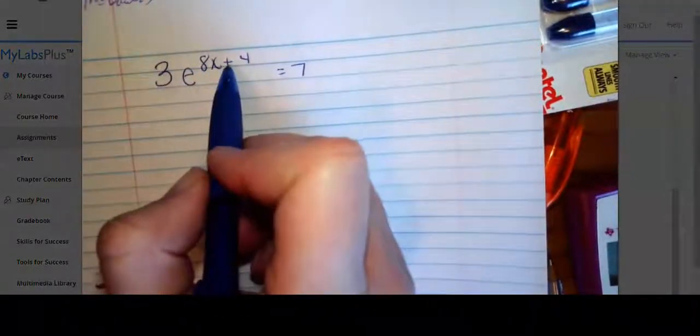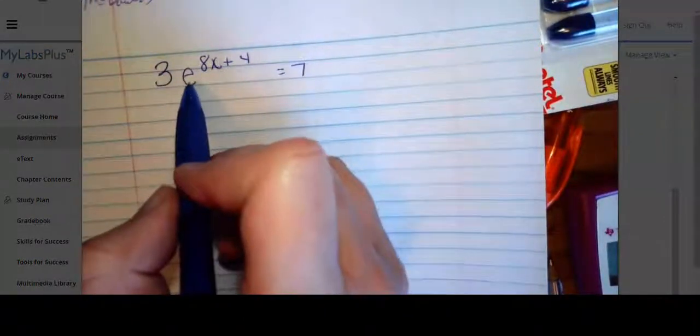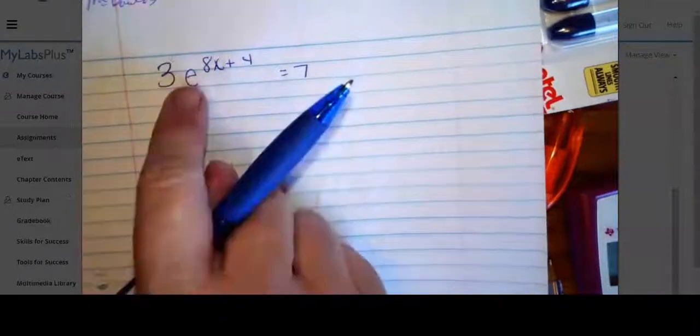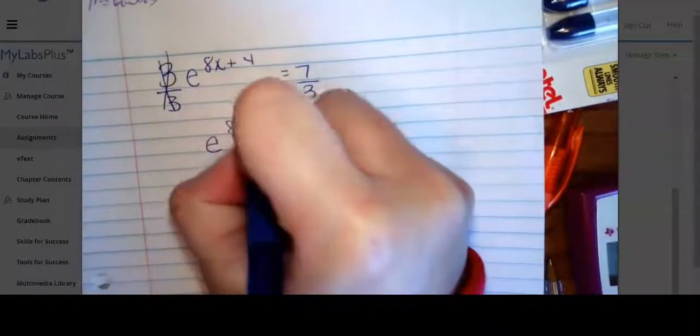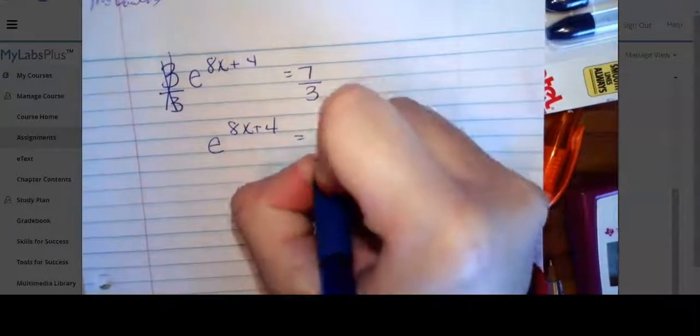Now what's the issue? The exponent contains my variable, but it's only attached to e, which means that 3 is in my way. I don't want to go to log world until I get rid of that 3. So I'm going to divide both sides by 3. So he's gone, and I have e to the 8x plus 4 is 7/3.